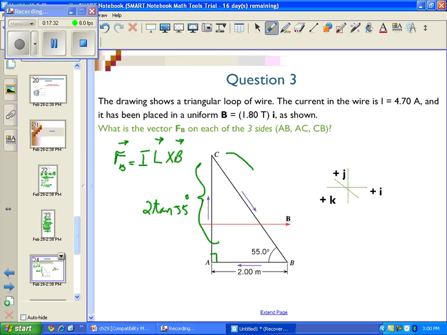If we look at this length right here, because it's the hypotenuse of the triangle, we know that the cosine of 55 is equal to AB over CB. Now, we want CB, therefore, CB is equal to AB divided by the cosine of 55. And AB is 2, and we're going to divide that by the cosine of 55.